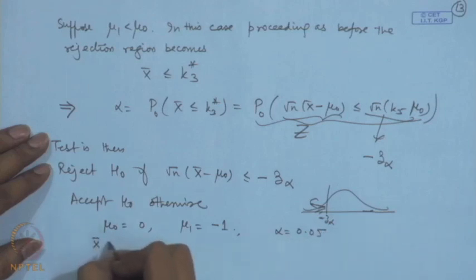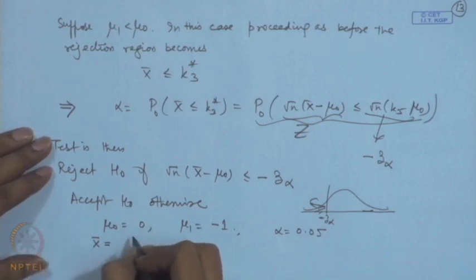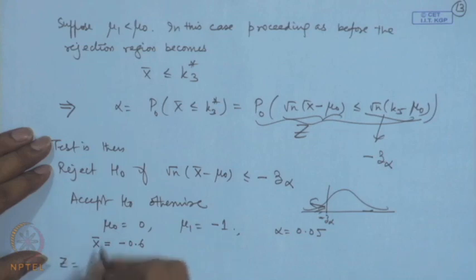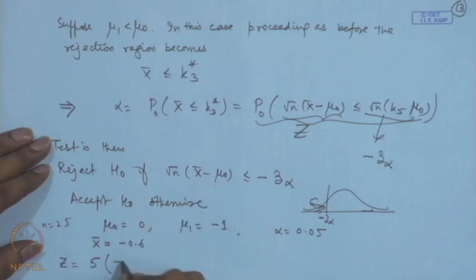Suppose the observed value of x bar turns out to be say minus 0.6, then what will happen here? This value, let us call it z, and n is equal to 25. So, this is equal to 5 times x bar, minus 0.6 plus 1, that is equal to 2 here.